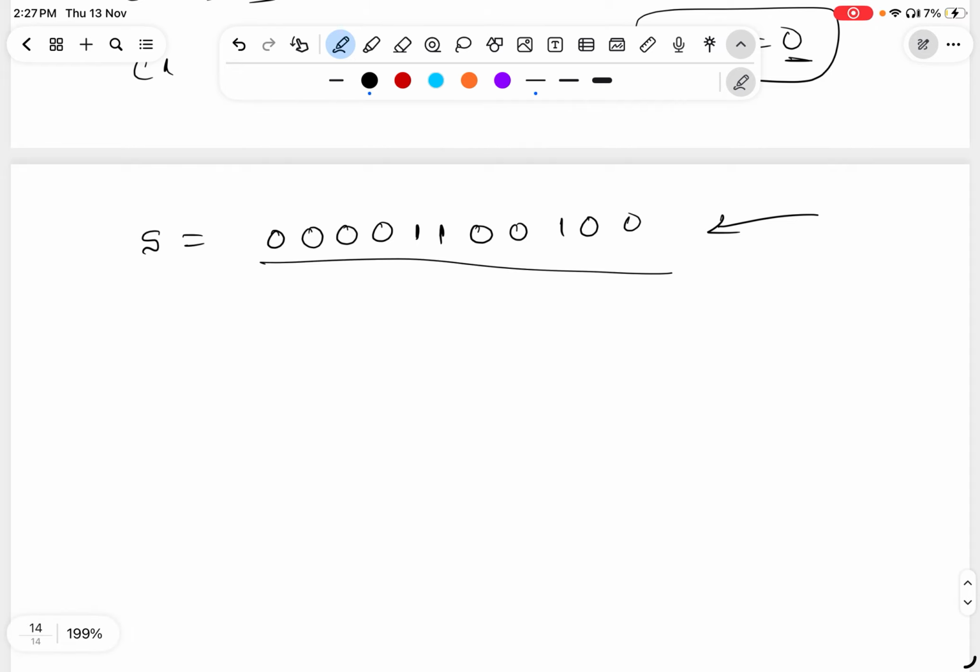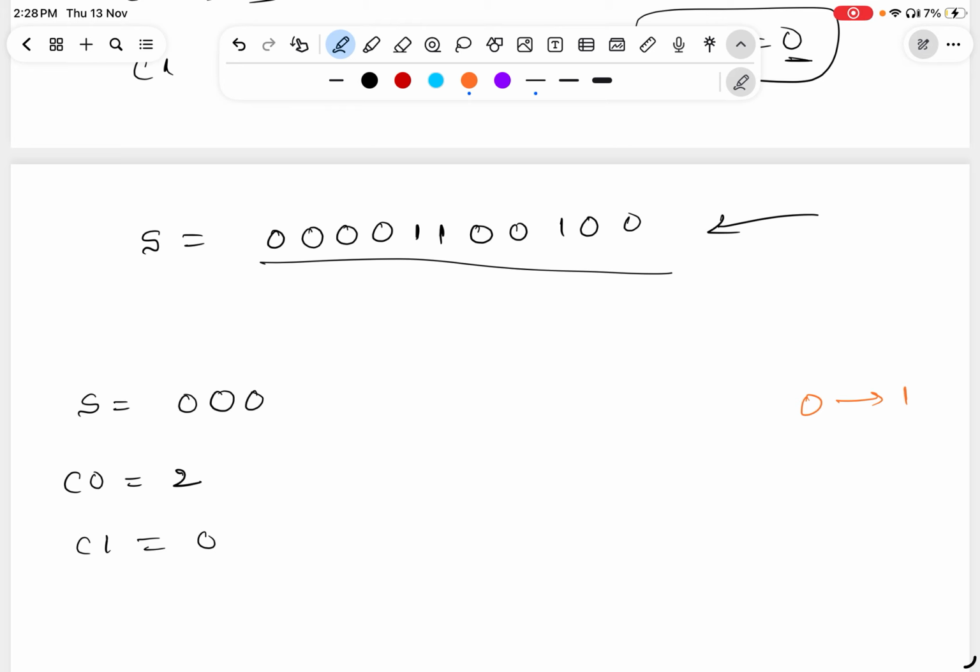Let's say my string s, which is of length 3, is this. Here my C0 will be 2 and C1 will be 0. Now if I optimally choose to flip a bit, I will always choose flipping 0 to 1, because I need to perform the minimum operations.